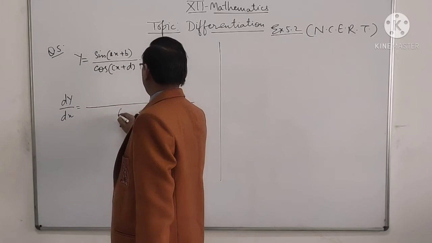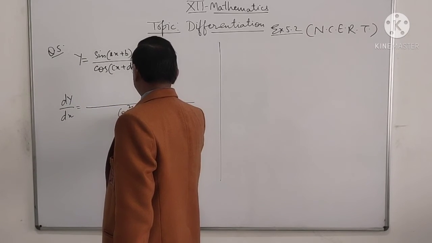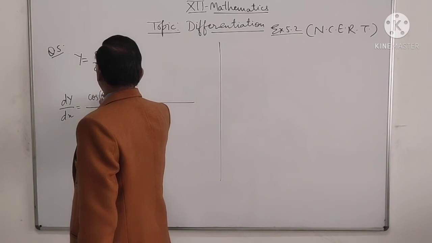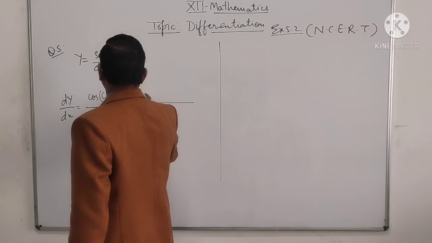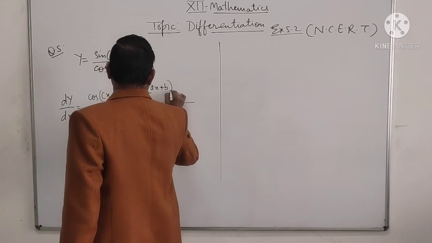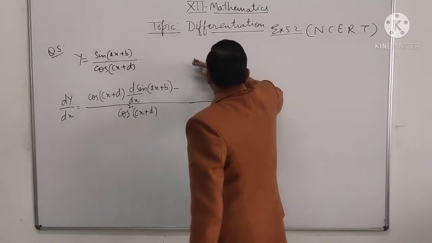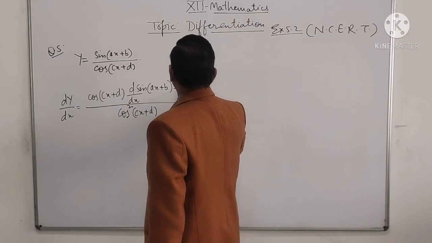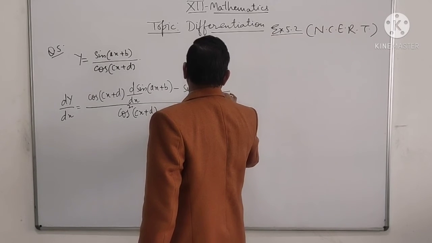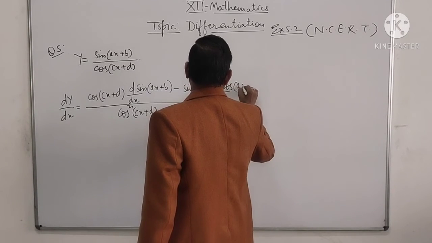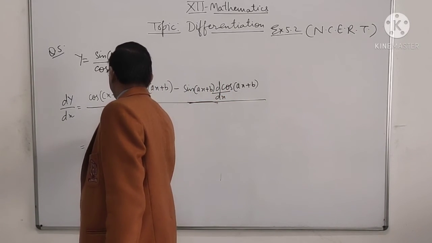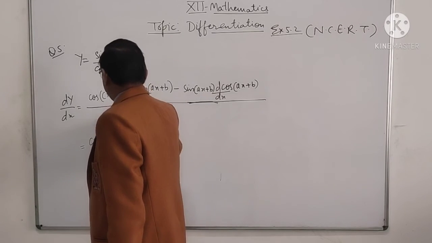It is cos square (cx plus d) in the denominator, then cos(cx plus d) as it is, d/dx of sin(ax plus b), minus sin(ax plus b) as it is, then d/dx of cos(cx plus d).